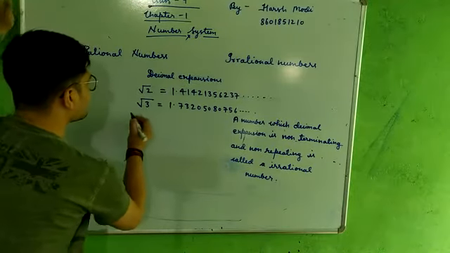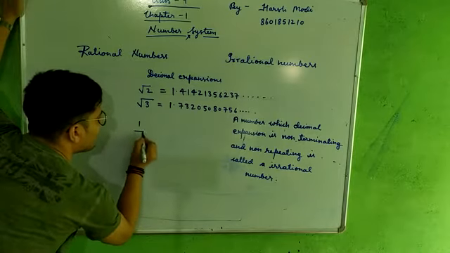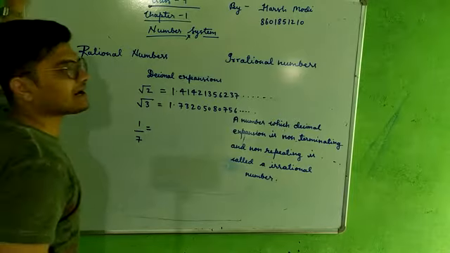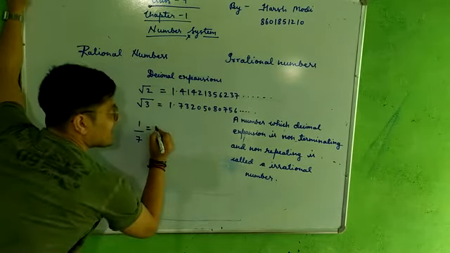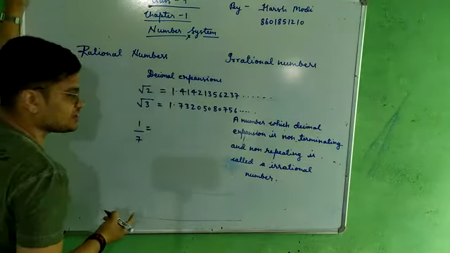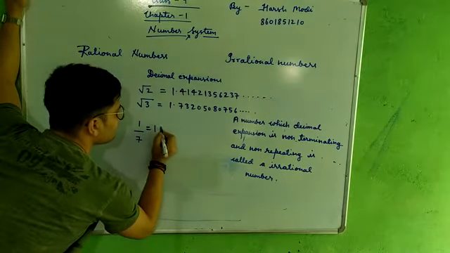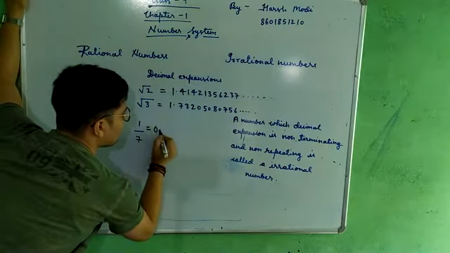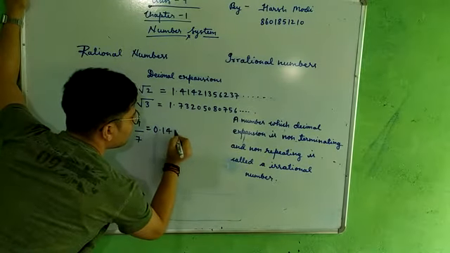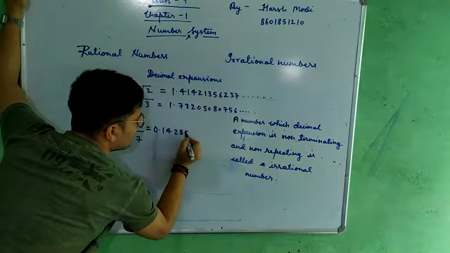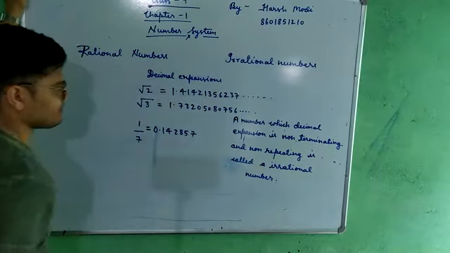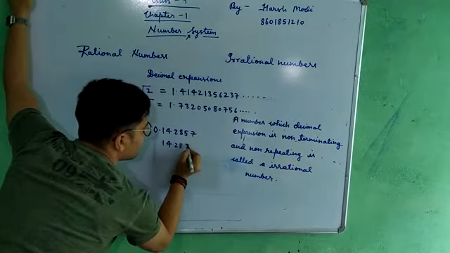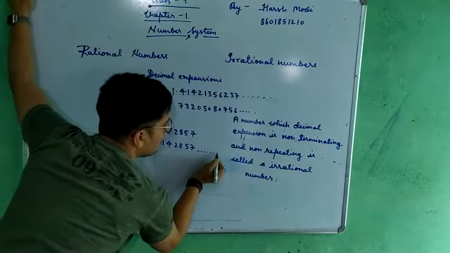Similarly, if we take the example of 1/7, the decimal expansion is 0.142857 and then 1 4 2 8 5 7 and so on.